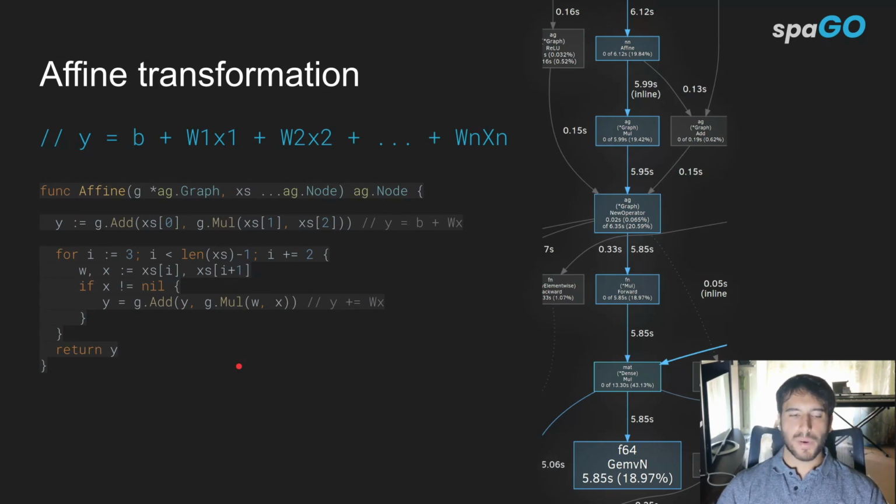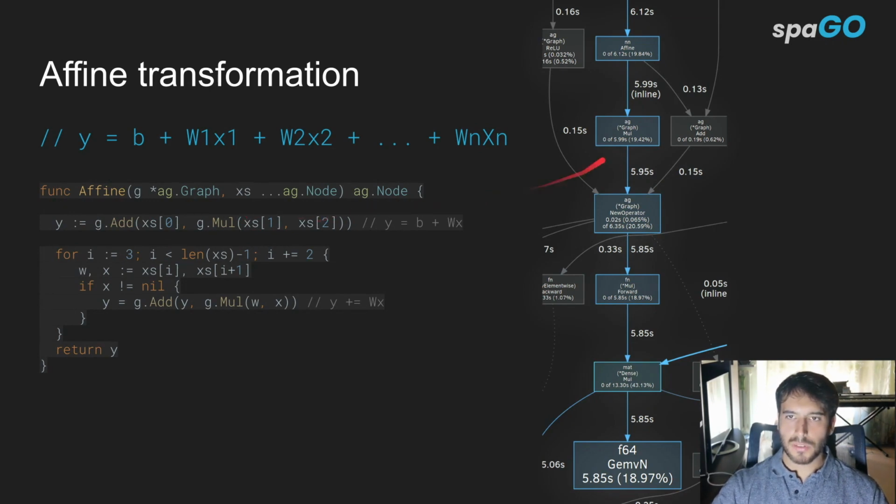It's arbitrarily complex, the type of formulas or the way you can mix nodes and operations in spaGO. Here we have one of the most important operations in machine learning frameworks, which is the affine operation, where you have a bias summed with an arbitrary number of weights and inputs multiplication or dot product.